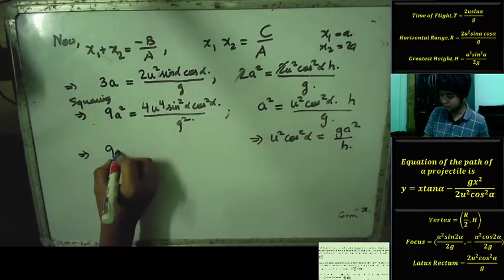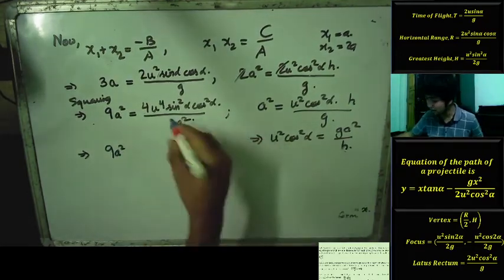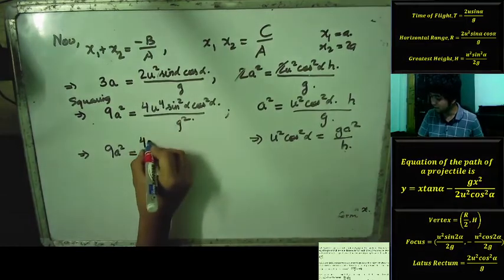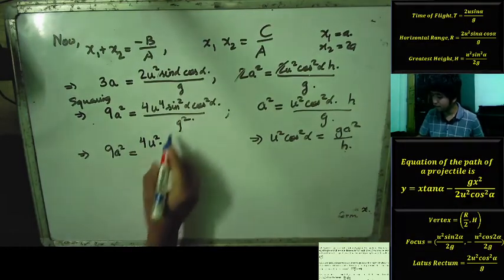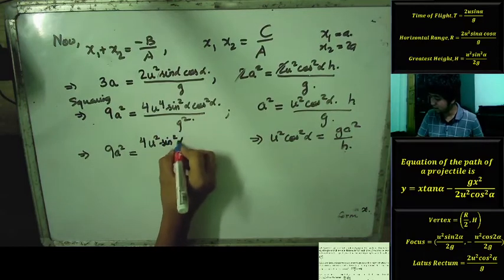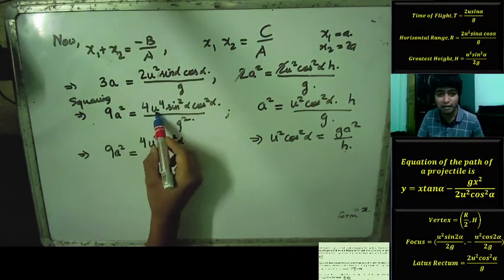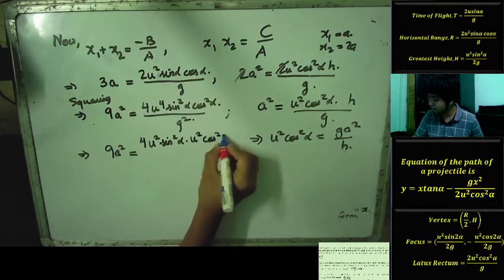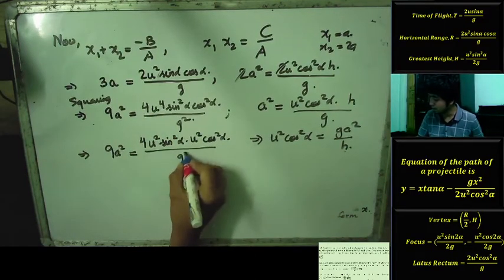If you substitute into the squared equation, 4 and u squared sin squared alpha we can leave as it is, and we will also have u squared cos squared alpha upon g squared.